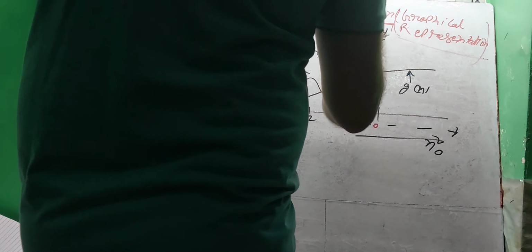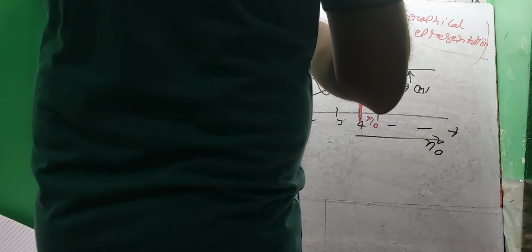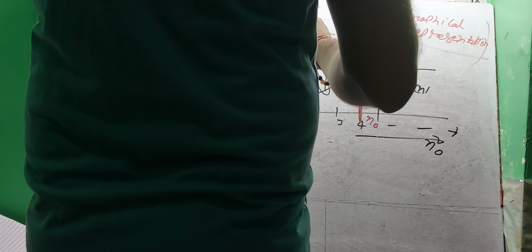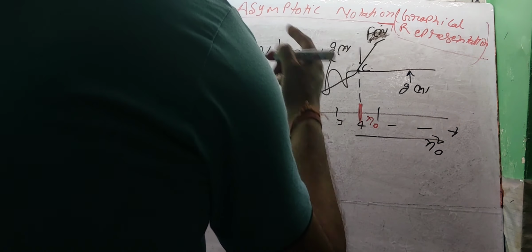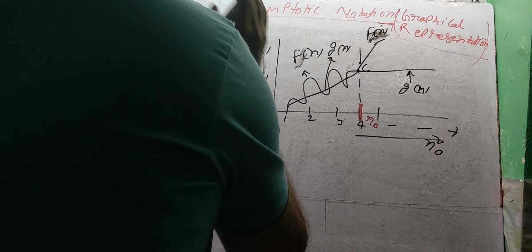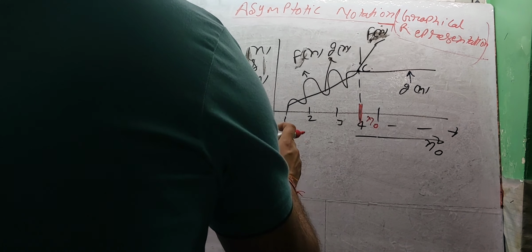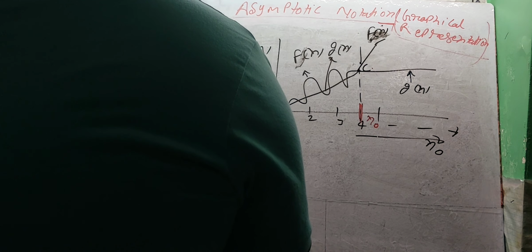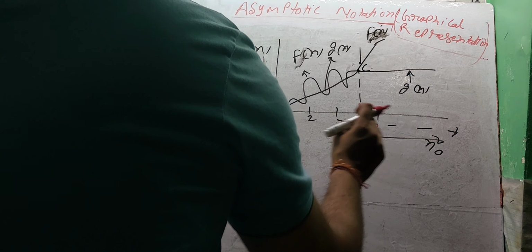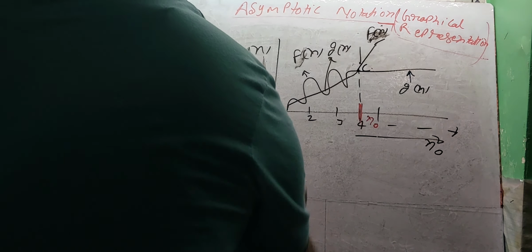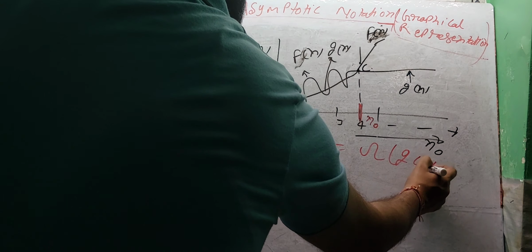Using constant c and all values greater than or equal to n naught, f of n will always be greater than or equal to g of n. In other words, f of n is greater than or equal to c times g of n for all values greater than or equal to n naught. F of n equals omega of g of n.